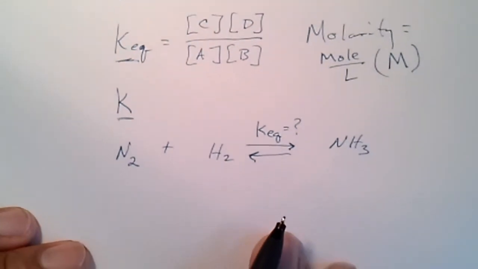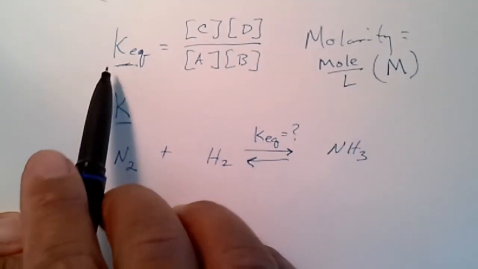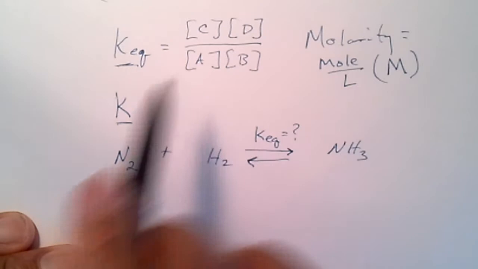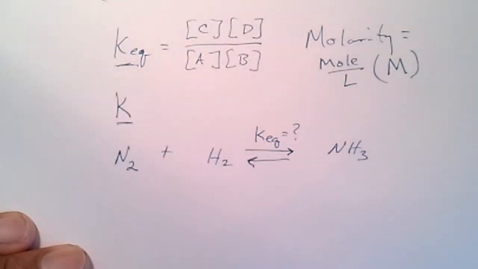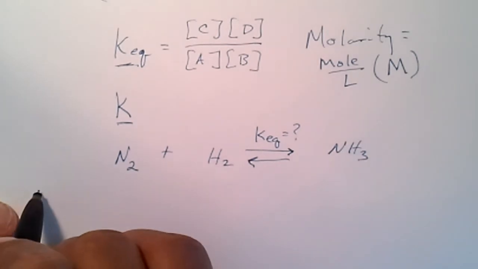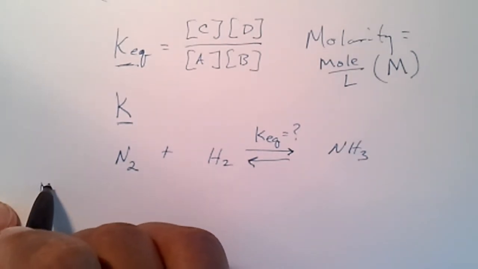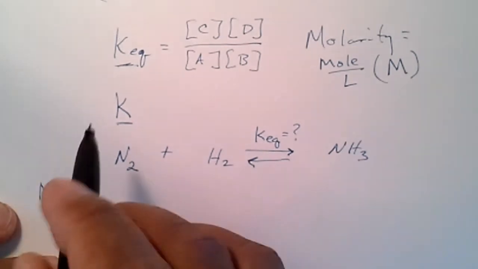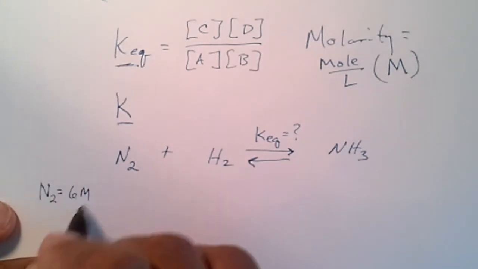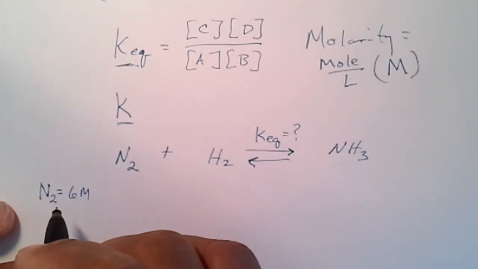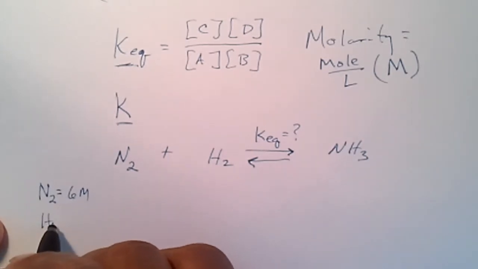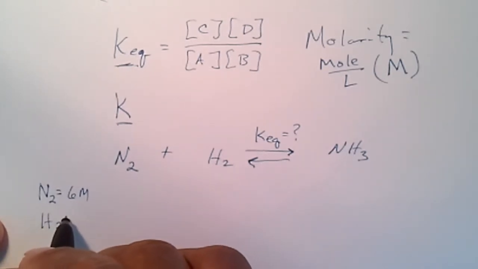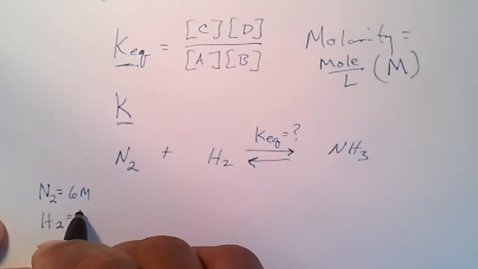So, the expression for equilibrium is the concentration of products over the concentration of the reactants. I have nitrogen at 6 molar. I will have hydrogen at, let's say, 5 molar.